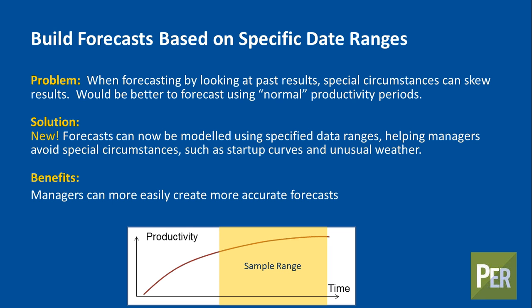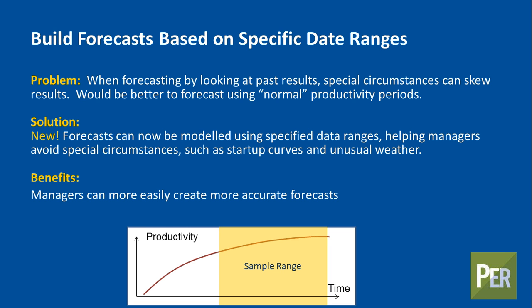You can now select the specific date ranges you want to use for your forecasting, that better represents the actual performance you expect going forward. Again, to help you create more accurate forecasts.